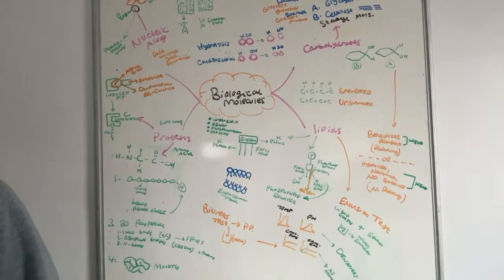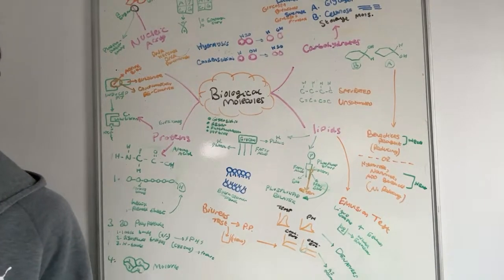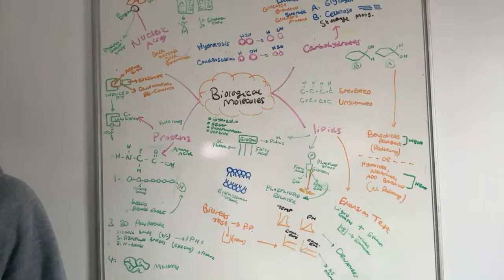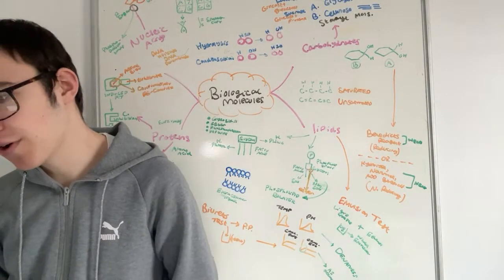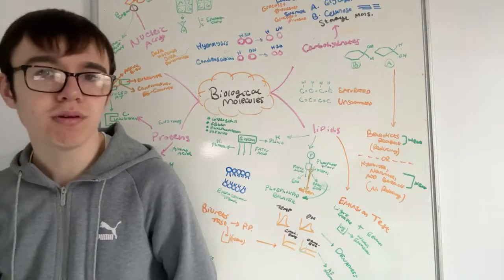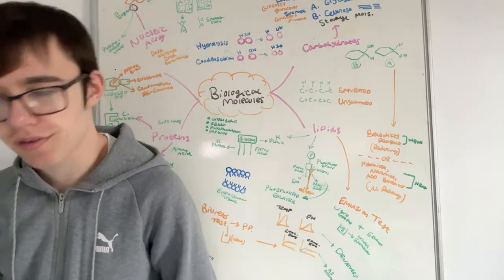Okay. There is no specific topic, so let's just start with monomers and polymers. Describe the chemical reactions involved in the conversion of polymers to monomers. Oh, lovely. It's just condensation and hydrolysis.